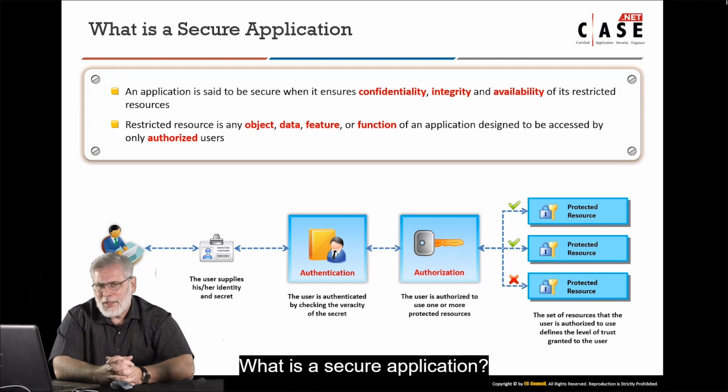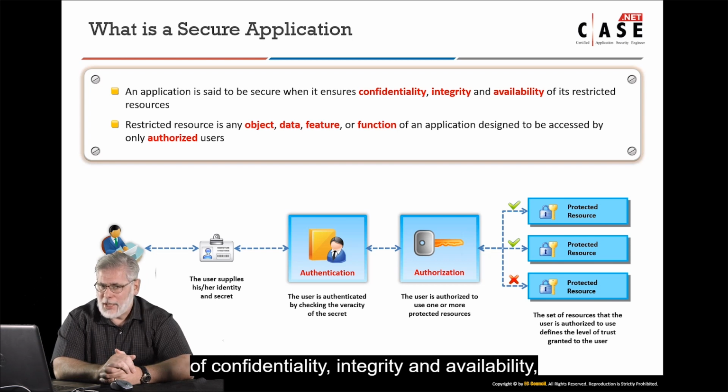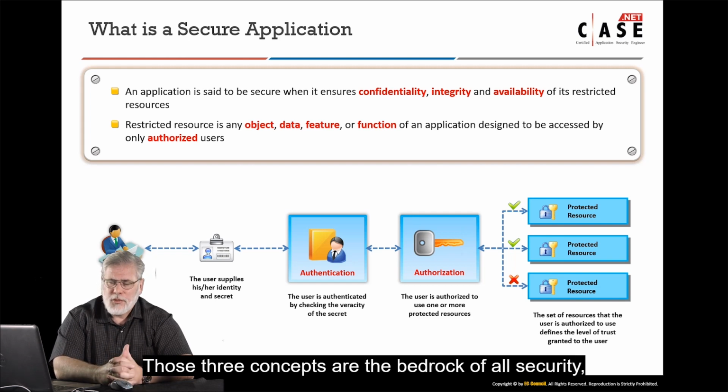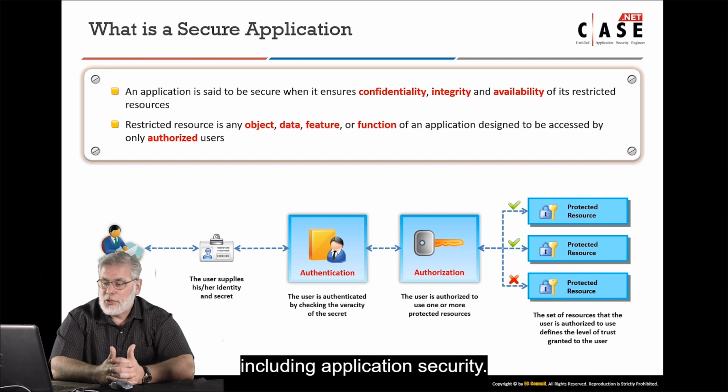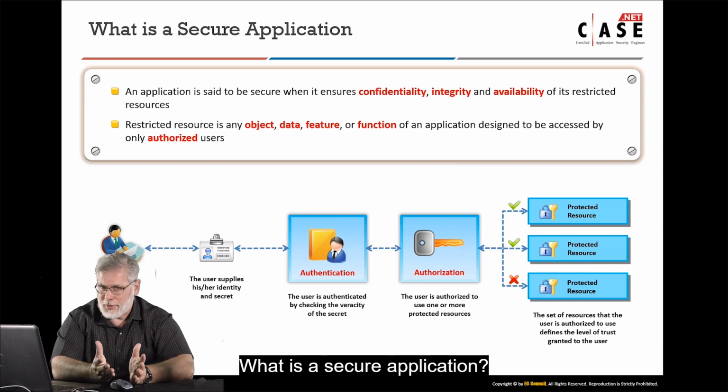What is a secure application? Well, this ties back to the old adage in security of confidentiality, integrity, and availability, what's commonly known as the CIA triangle. Those three concepts are the bedrock of all security, including application security. So again, what is application security? What is a secure application?